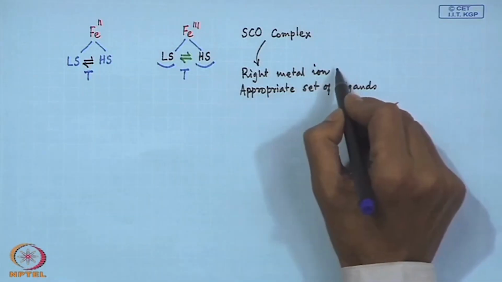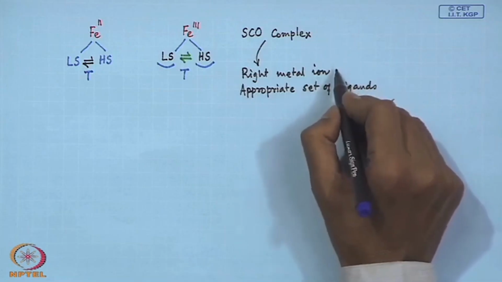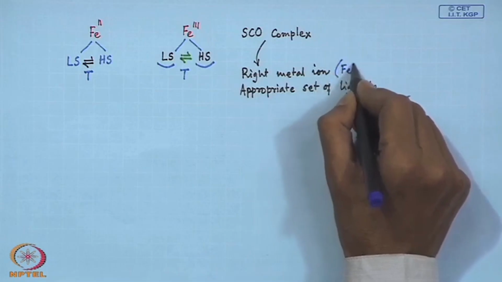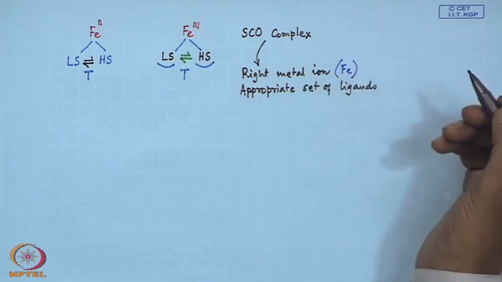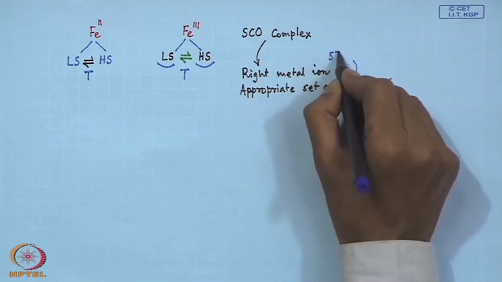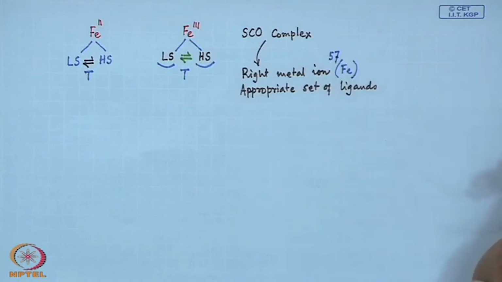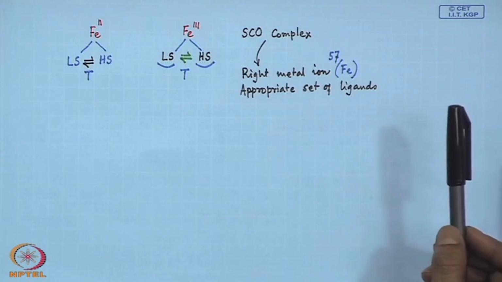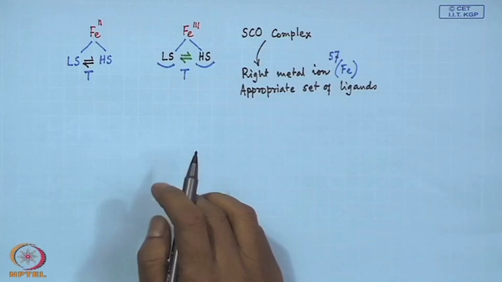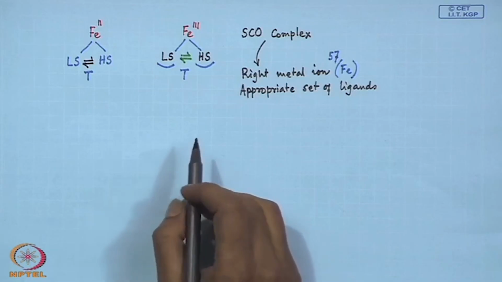So, the right metal ion: luckily, when we are talking about Mossbauer spectroscopy, we are lucky enough to take the iron center, since we will be talking about the 57 iron species. The 57 iron isotope can give rise to signatures for two different types of splitting, the isomer shift and the quadrupole splitting.